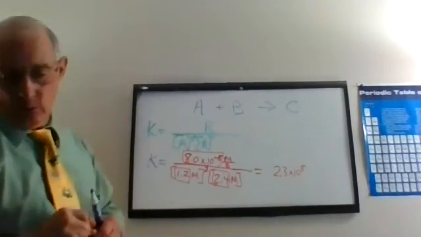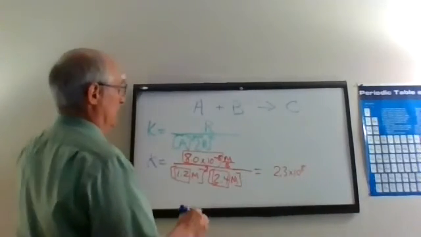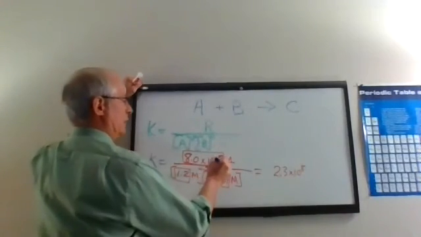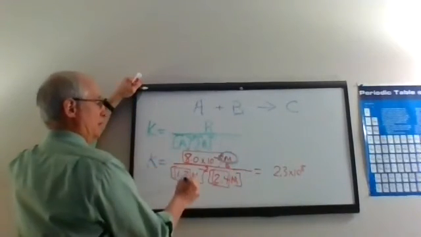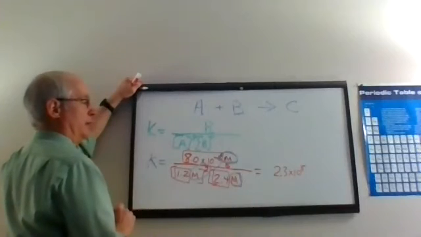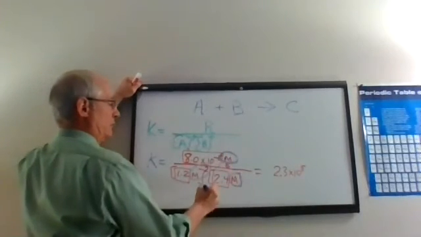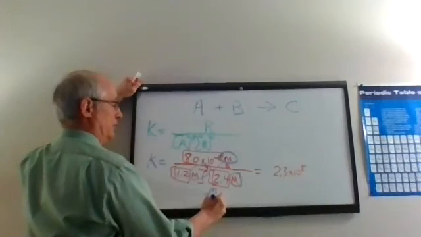But the question is, what are the units? Well, can you see molarity in the numerator? Can you see molarity squared times molarity in the denominator? What is molarity over molarity cubed?